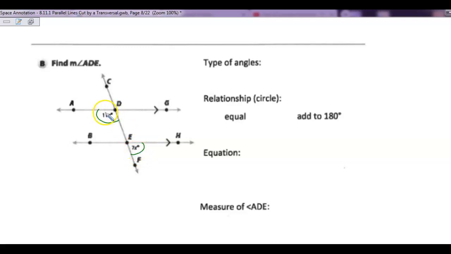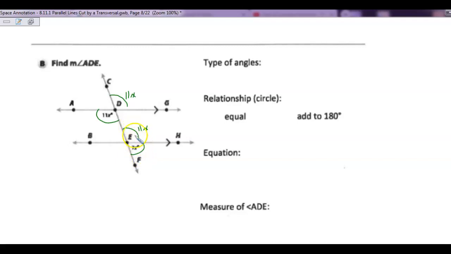But I can use the information a little bit. I can use this, that these here are vertical. And so this one's also going to be 11x. And these are opposite sides. So that means that this one is also 11x.